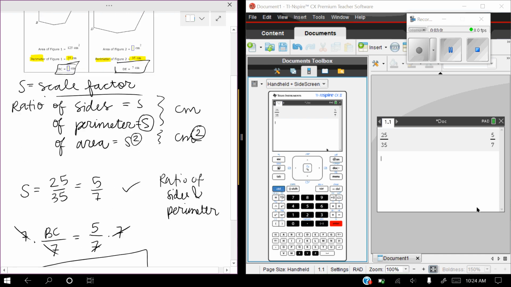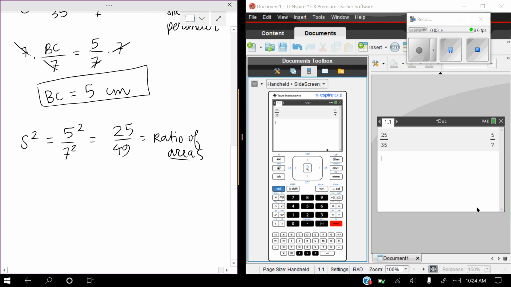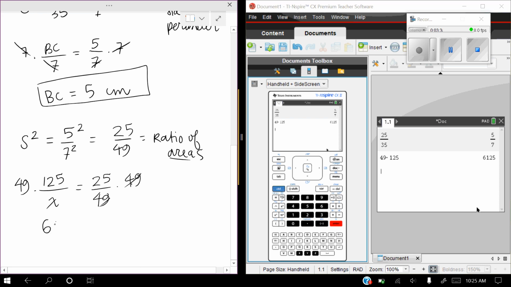So we have an area in figure 1, 125, and then x, so we'll call the other one. 125 is the one on the left, and x is the one on the right. I'm going to set up a proportion to solve, 25 to 49. I'm going to multiply by 49 on both sides. So we get 49 times 125, which is 6,125 over x equals 25.